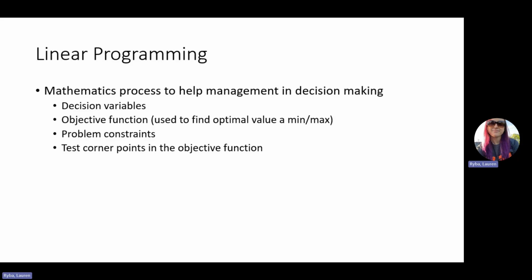We will have our problem constraints, and we will then graph, find our corner points. We will test those corner points in our objective function. That will then determine which one is, of course, the best solution. Because anytime we graph these linear programmings, we have multiple potential solutions along the lines or inside the shaded region. The goal is now to determine which one is going to be the best based on our objective function.